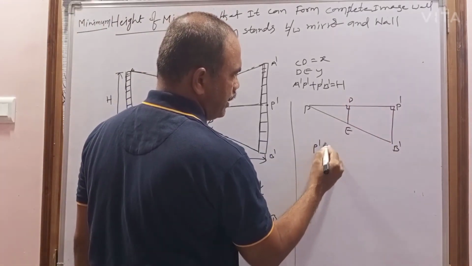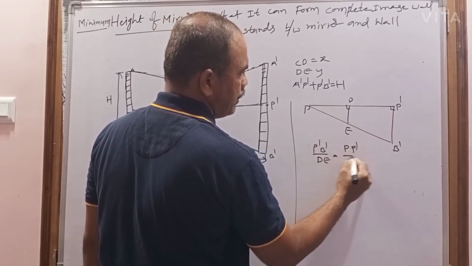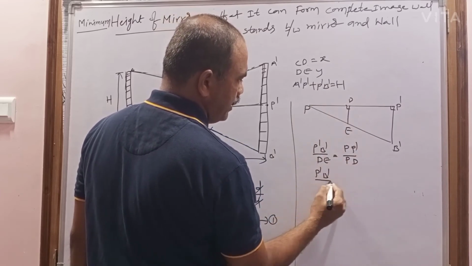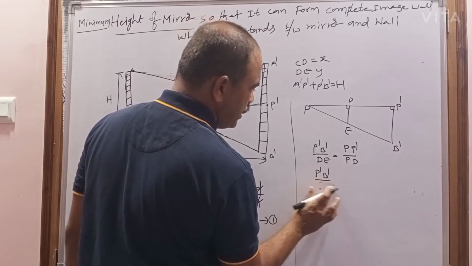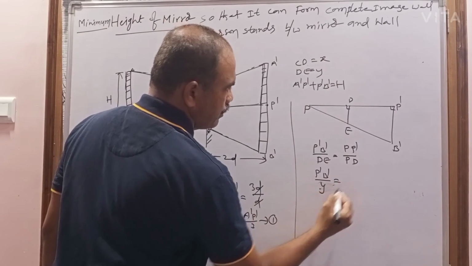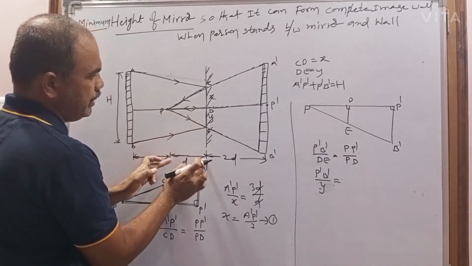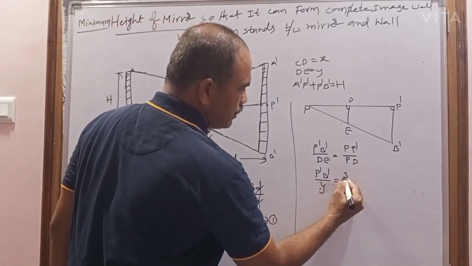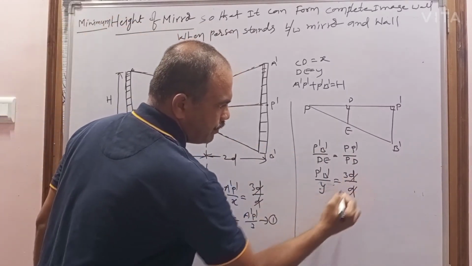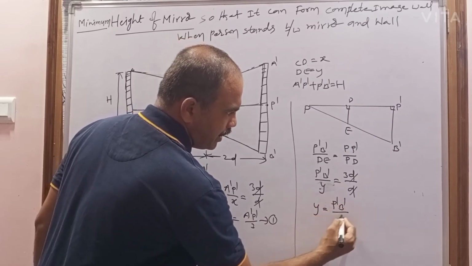P dash B dash by DE is equal to P dash by PD. DE is nothing but Y. Y equals P to P dash, which is d plus 2d, total 3d, by PD, which is d. This d will be cancelled. When I simplify, Y equals P dash B dash by 3.